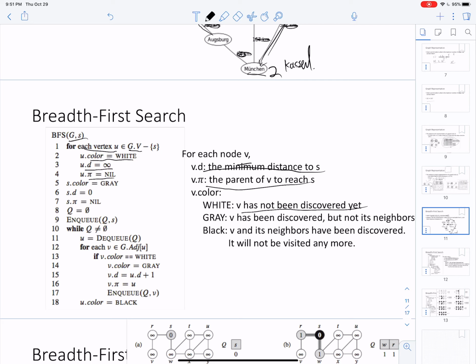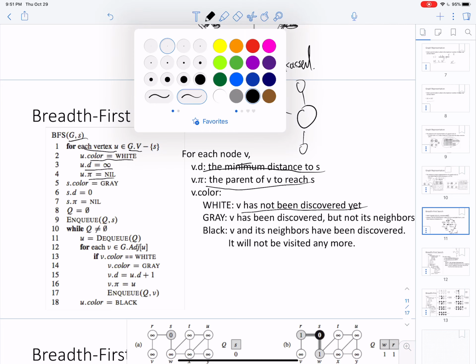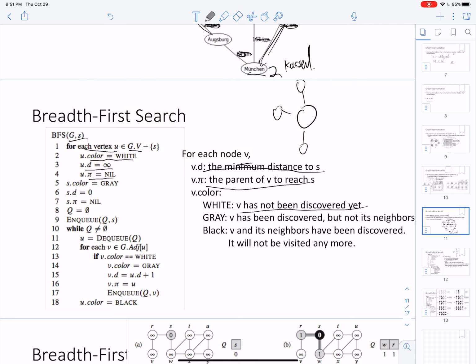Gray means that we have visited this node, but not all of its neighbors.